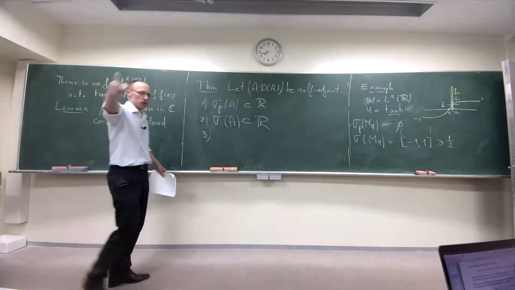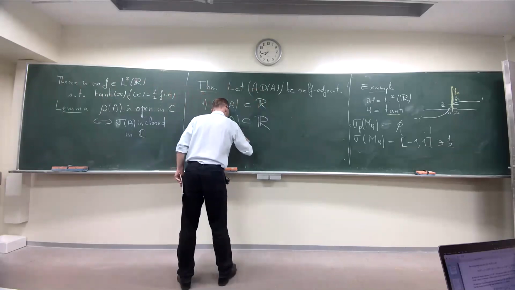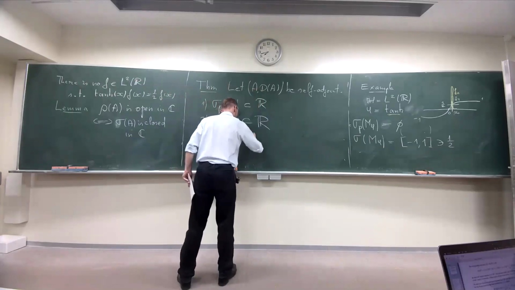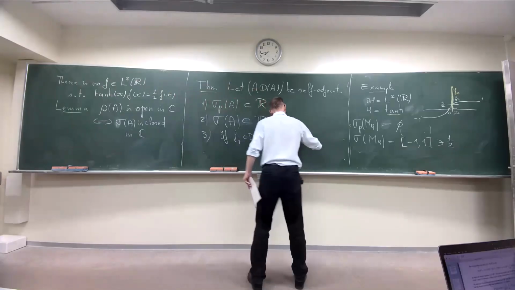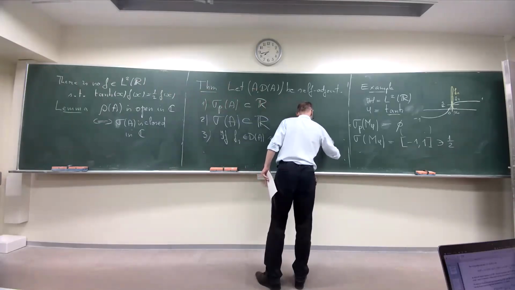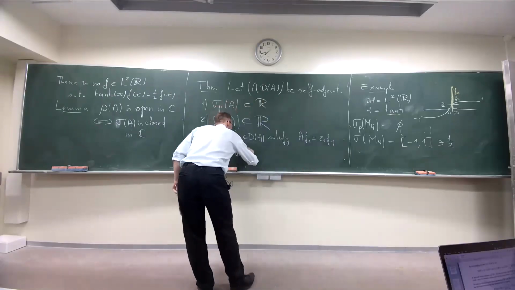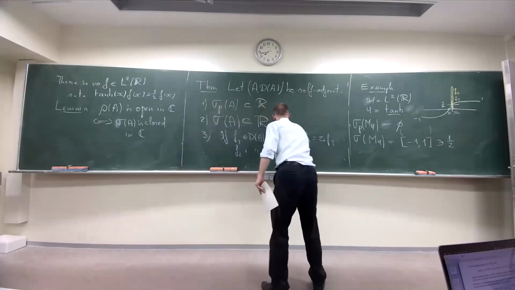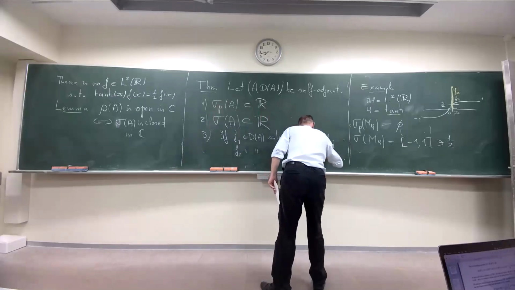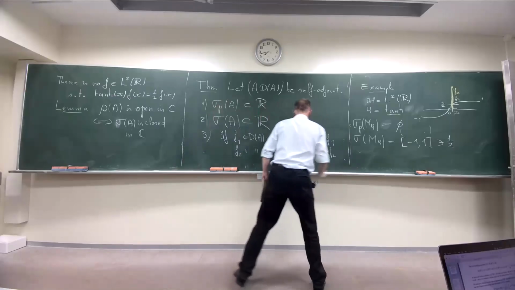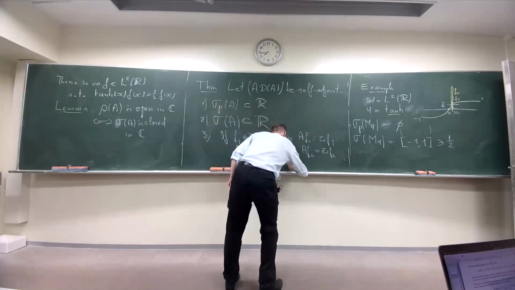And there is a third point which is more or less related to your question. If f1 is in the domain of A and satisfies A f1 equals z1 f1, and take an f2 in D(A), which satisfies A f2 equals z2 f2, and I assume that z1 is different from z2.